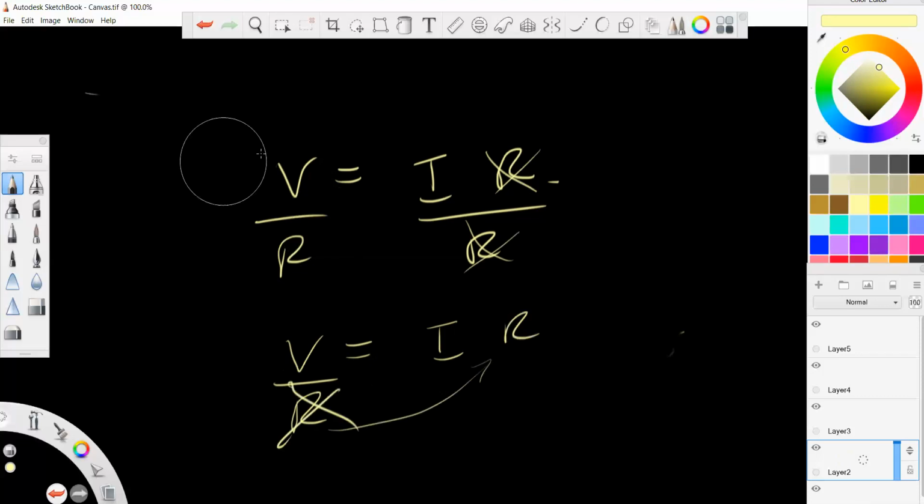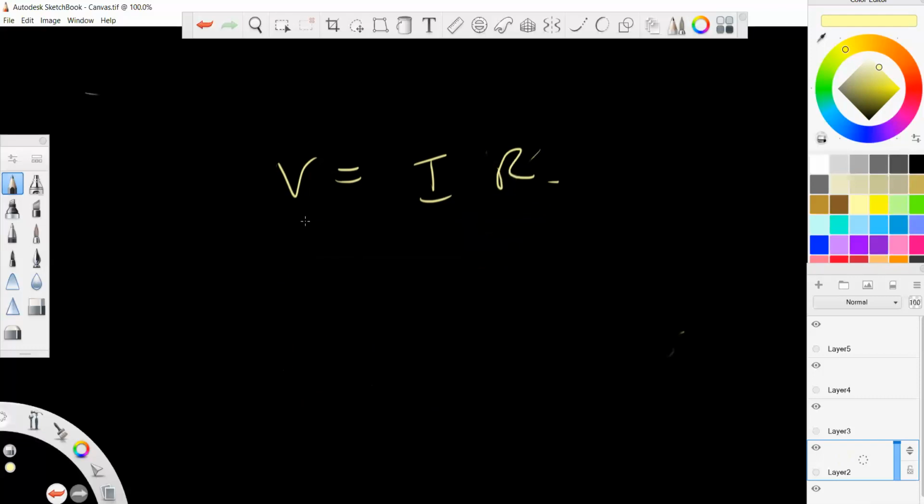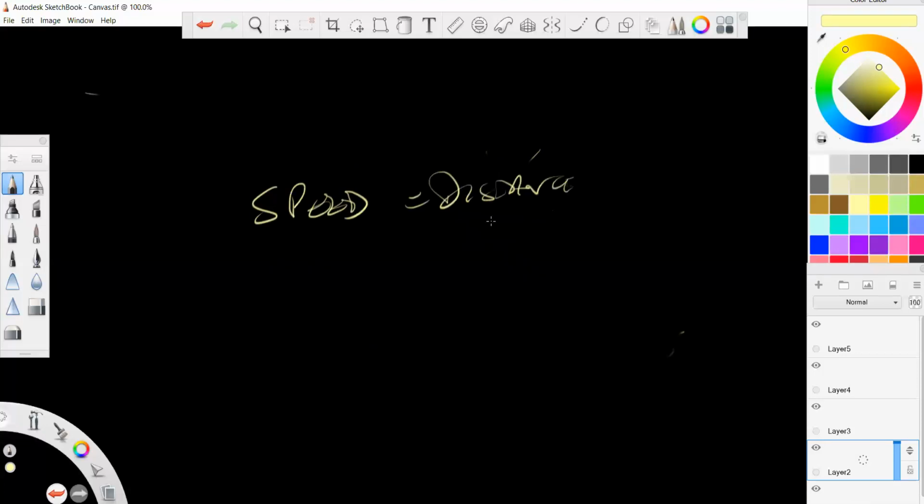Which, if we look at the other example we had, the example of speed equals distance divided by time. Well, if I wanted the distance driven, I can move the time to the other side of the equation to get distance on its own.